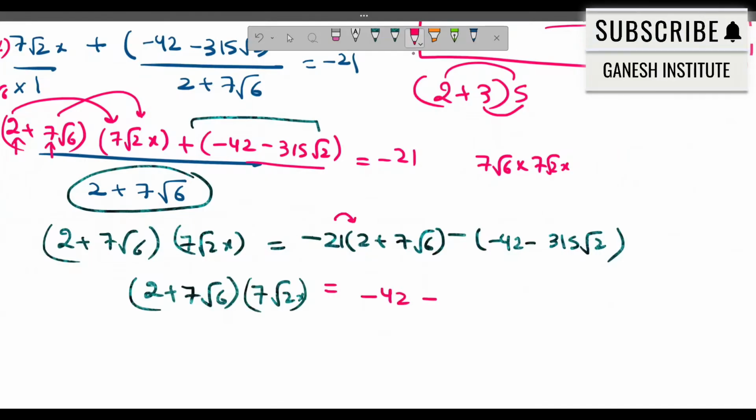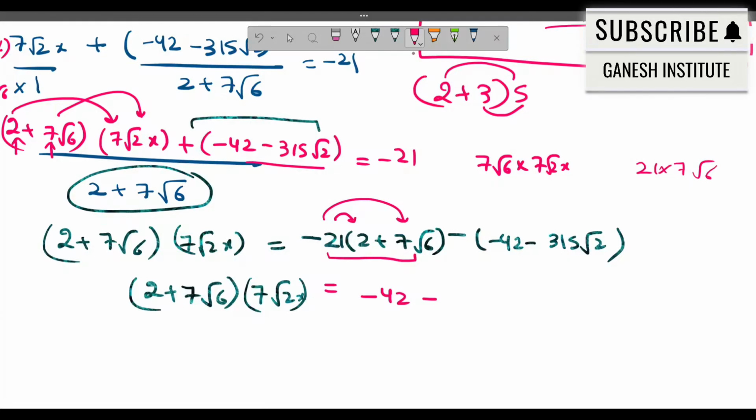Minus 42. Tell me what it will be. So simplifying, sorry. What part exactly are we simplifying now? This one. Since we're distributing the 21 into 2, that's 2, and then 21 into 7 root 6.